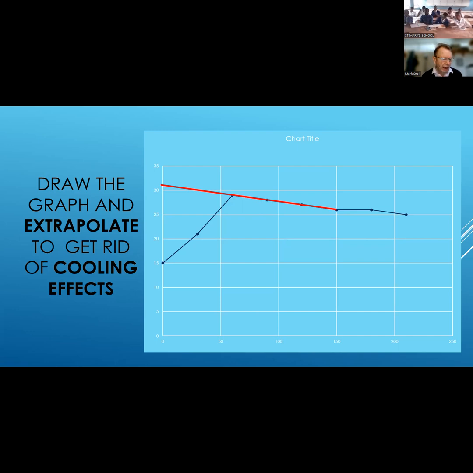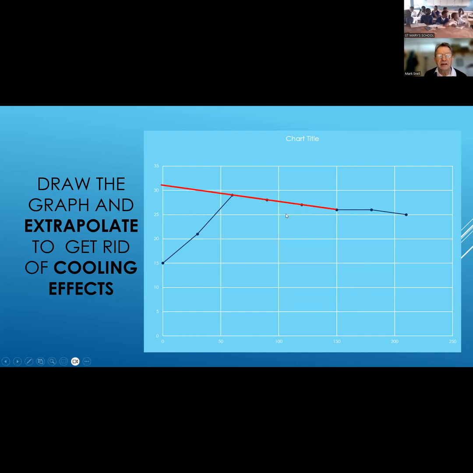That red line there shows the rate at which it was cooling, and therefore the temperature it would have got to if it had gone straight up from here. So this is a really important idea. We hope that all of the heat which is given out in a reaction is given out immediately, but it is not, which is why it follows that curve or goes up slowly.